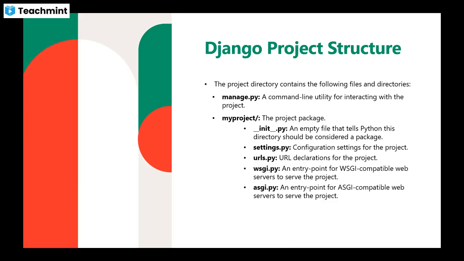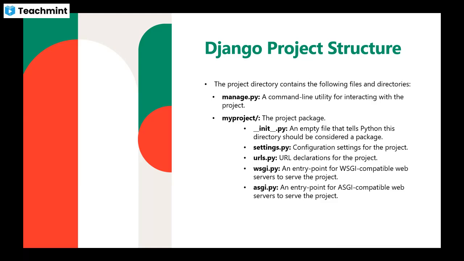Next, the settings.py file. In the settings.py file, we have the configuration settings for the project. All the required configuration settings like database settings and app settings will be in this settings.py file. And there is the urls.py file, which holds the URL declarations of the project.